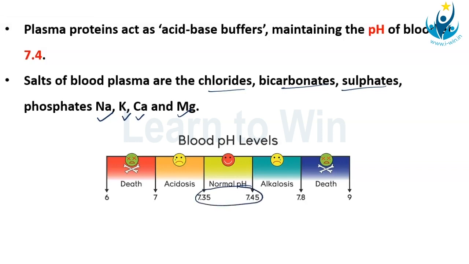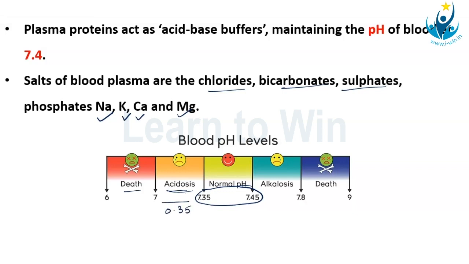If the pH of the blood decreases beyond 7.35, that condition is called acidosis. This is seen when there is liver failure or kidney failure. And if it goes below 7, death. That means your blood has only a tiny tolerance. Anything less than 7.35 is acidosis, and you only have a 0.35 difference.